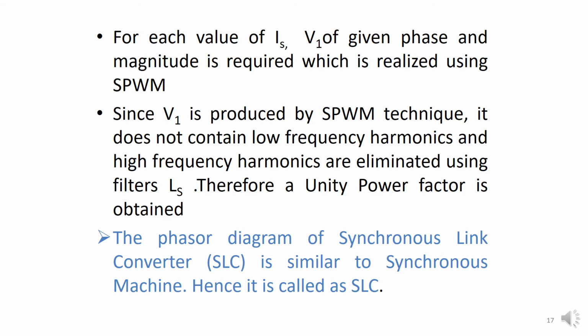For each value of source current Is, the V1 of given phase and magnitude is required, which is realized using sinusoidal pulse width modulation. Since V1 is produced by the SPWM technique, it does not contain low frequency harmonics, and high frequency harmonics are eliminated using the filter Ls. Therefore, a unity power factor is obtained.